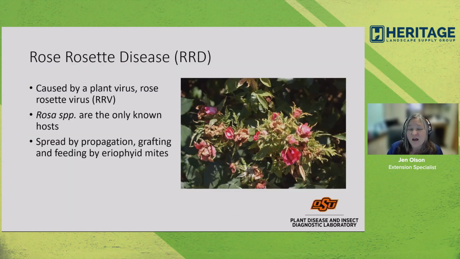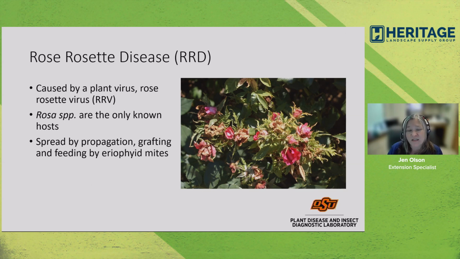So rose rosette, if you're not familiar with it, is a disease that's caused by a virus, the rose rosette virus. Roses are the only known host. And so if you have other plants on a property, you don't have to worry about them. It only affects roses. And it's spread primarily by propagation. So nurseries sometimes get it, and then they ship them to new areas.